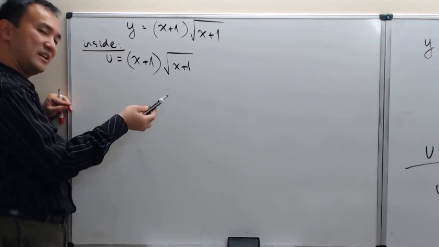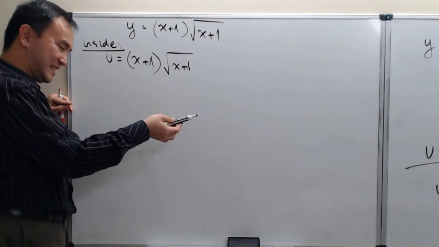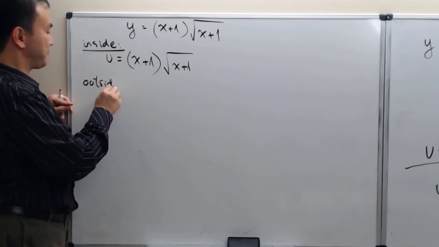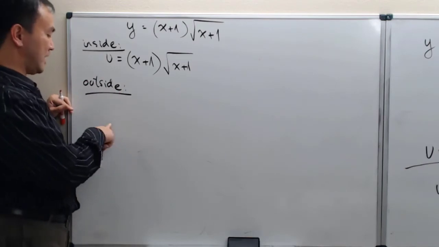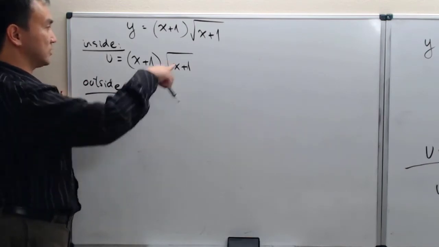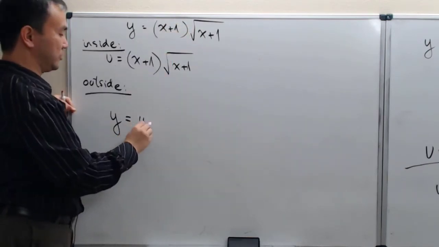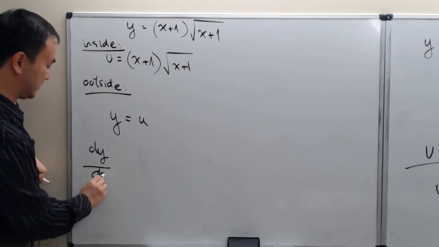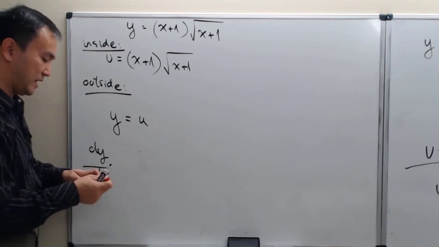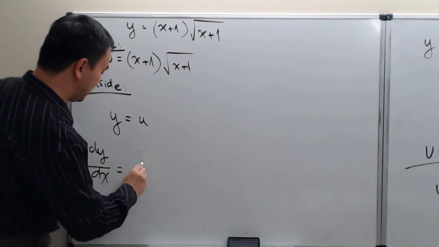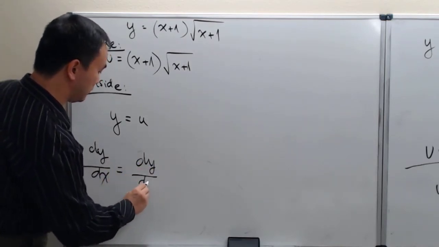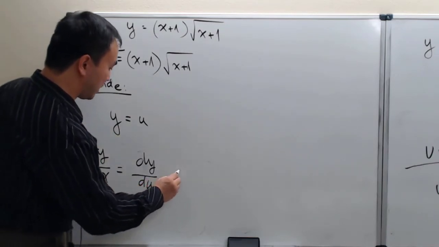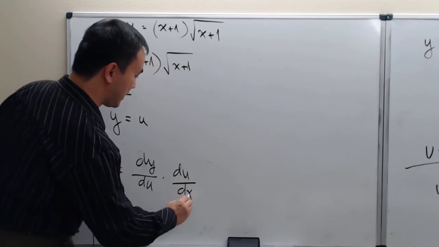Any expression can be chosen as the inside function. And so now here's how the outside would become: y equals u. So the chain rule says the derivative dy dx is going to need dy du, this coming out pretty easily, multiplied with the du dx.